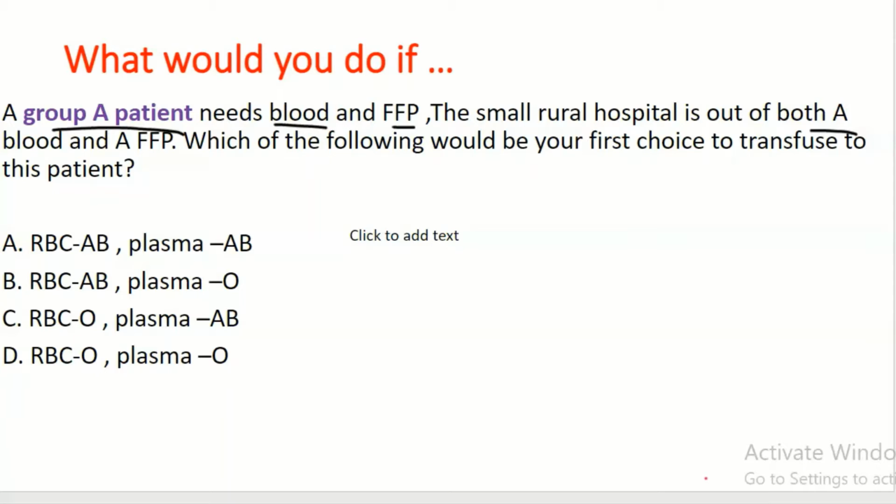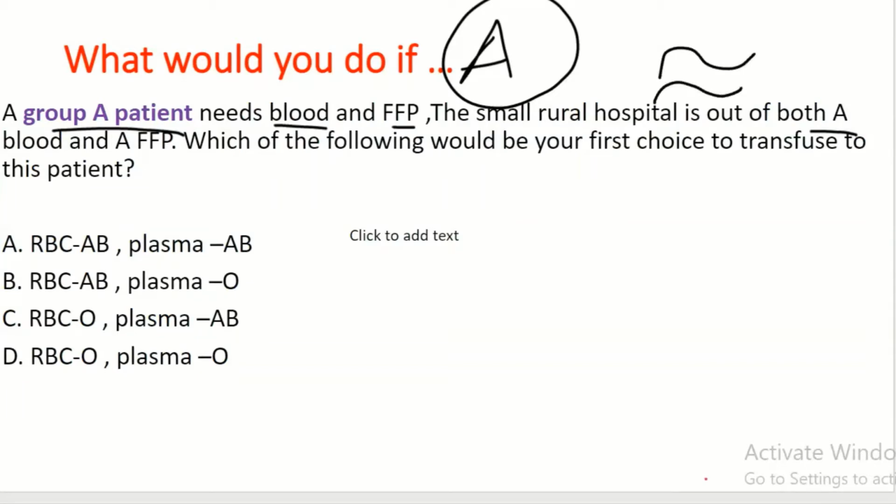First of all, let's take a look at blood group A. What does a blood group A person have? On the surface of RBCs, a group A patient has A antigen, and in its plasma it has B antibodies.